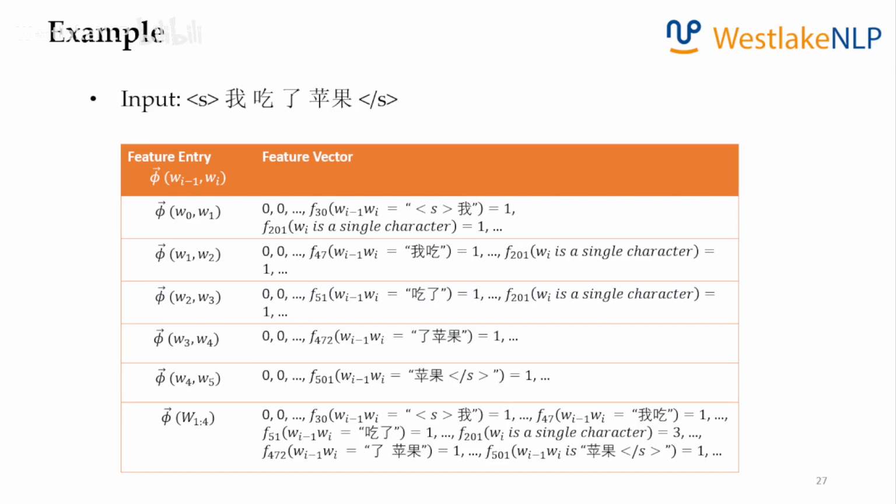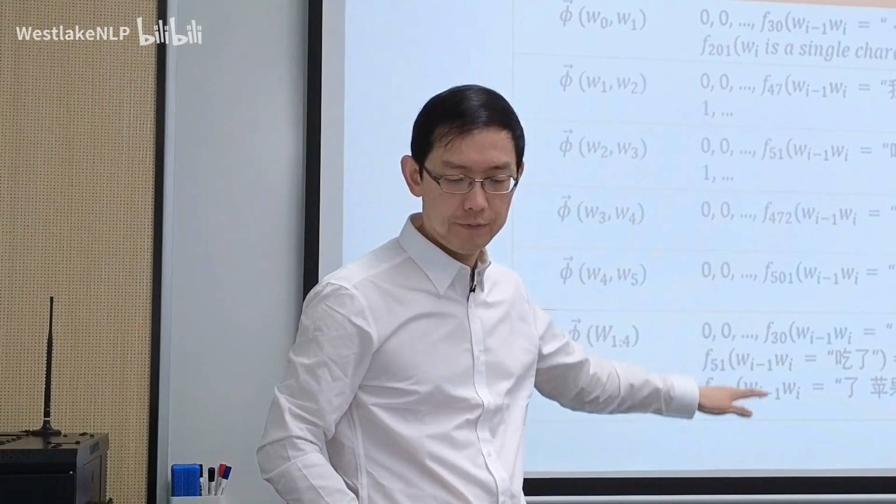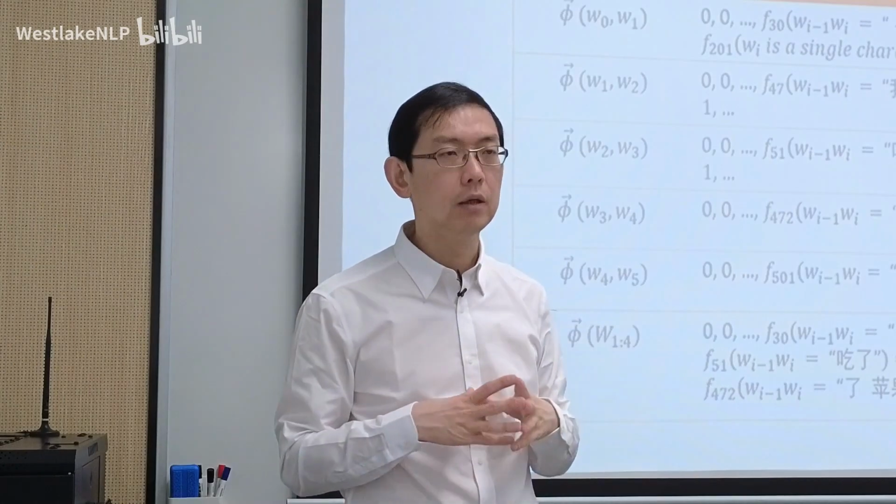According to the previous feature templates, we can extract feature instances over all the word bigrams, sliding from left to right, okay? And you also attach the beginning of sentence and end of sentence tokens. So we extracted local features from every word bigram, and in the end, I accumulate all the local features together to be the global feature.